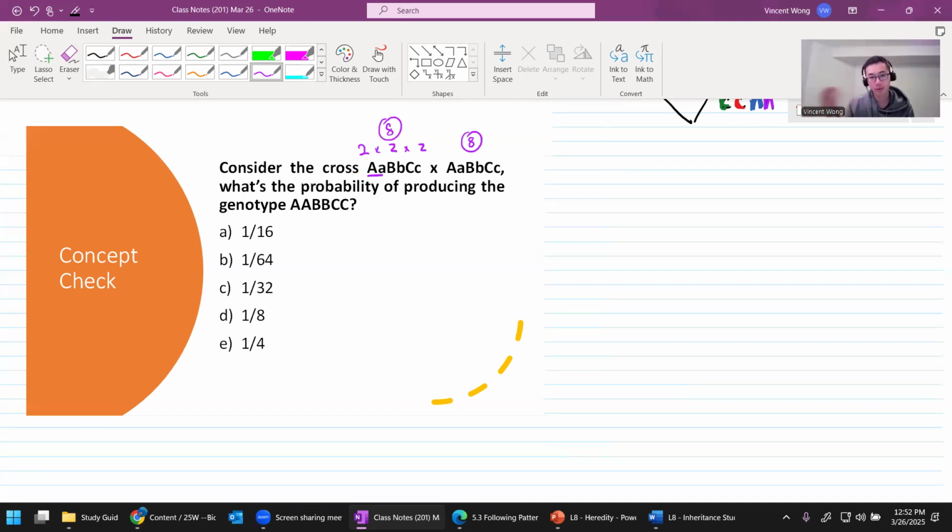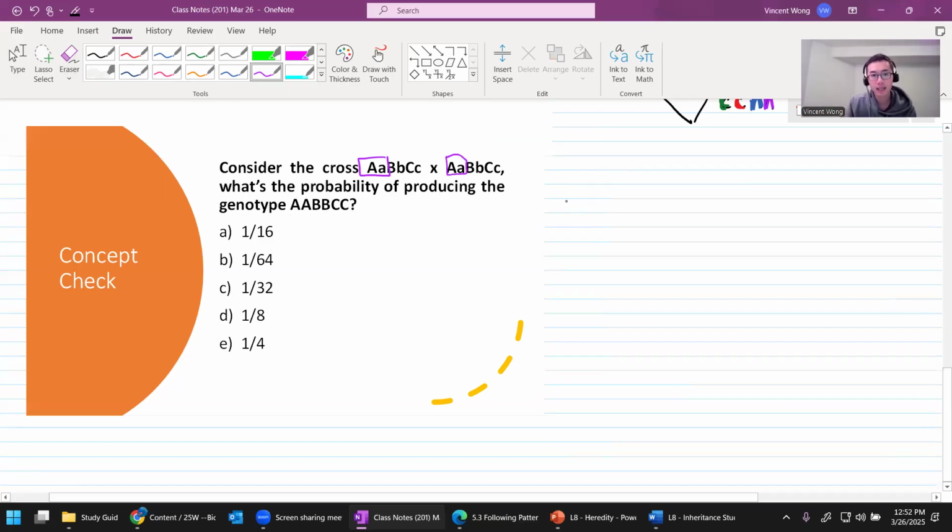You're not going to be able to do that within the constraint of the time limit. So how do we do this question? Well, it turns out we can actually focus on each gene individually. Let's say we look at gene A first.